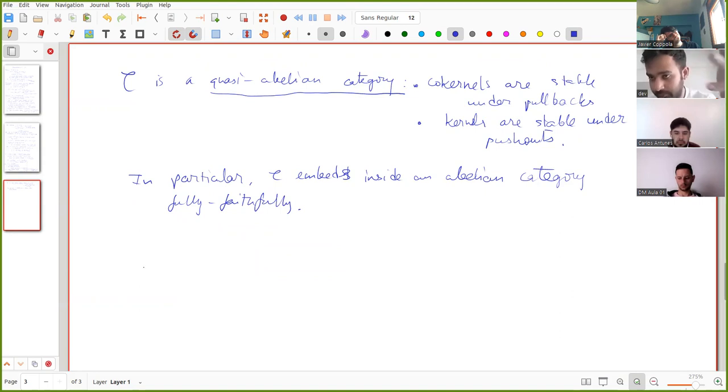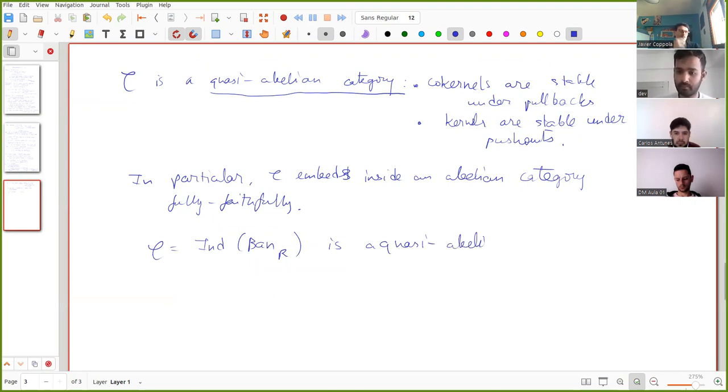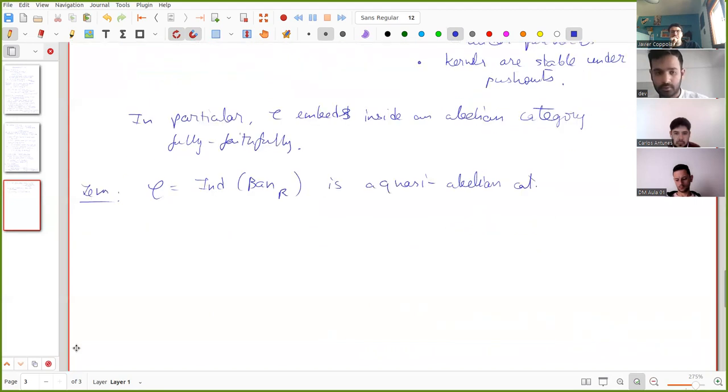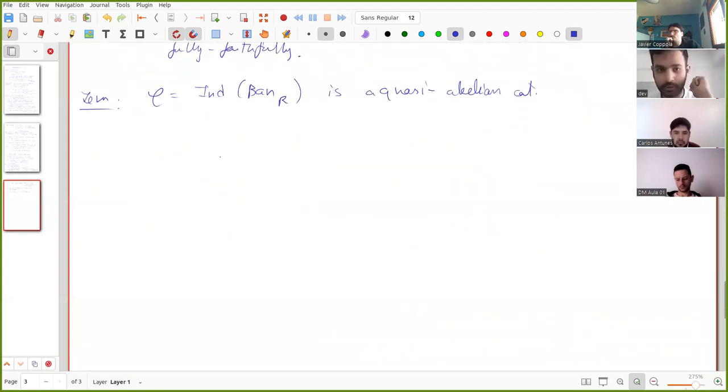Okay, so the category we are working under, or this huge category that I just described, of inductive systems of Banach spaces, is a quasi-abelian category. Great. And now in a quasi-abelian category, we can define projectives as follows. Projective objects.